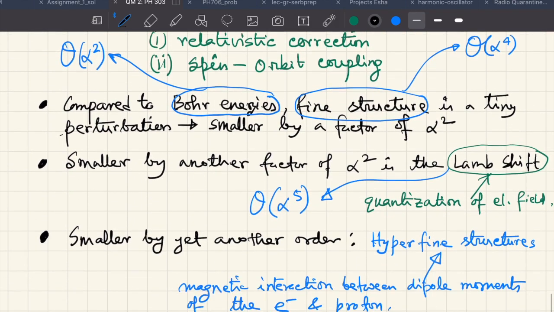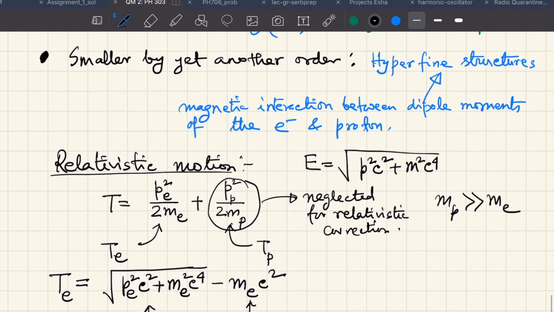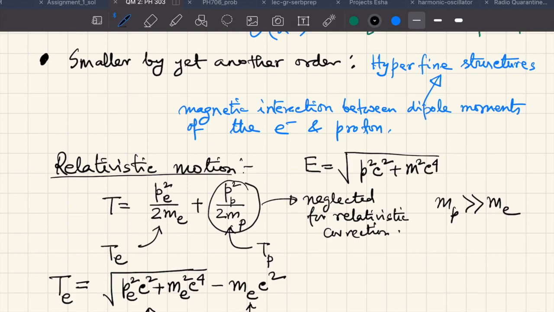We had said that if we incorporate the relativistic motion, then the relativistic energy is given by the square root of p square c square plus m square c to the power 4. In this calculation, since we are using the hydrogen atom, we have one electron and one proton, but the proton is much heavier than the electron.